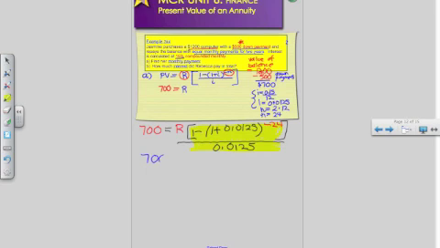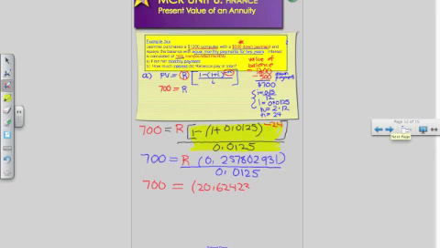So 700 is going to be equal to R. If I solve my whole numerator, I'm going to get 0.27802931 divided by 0.0125, and that's going to give me a final answer: 700 is equal to 20.62423 R. Because I'm solving for my monthly payment, I have to divide both sides by the value attached to the R, 20.62423.